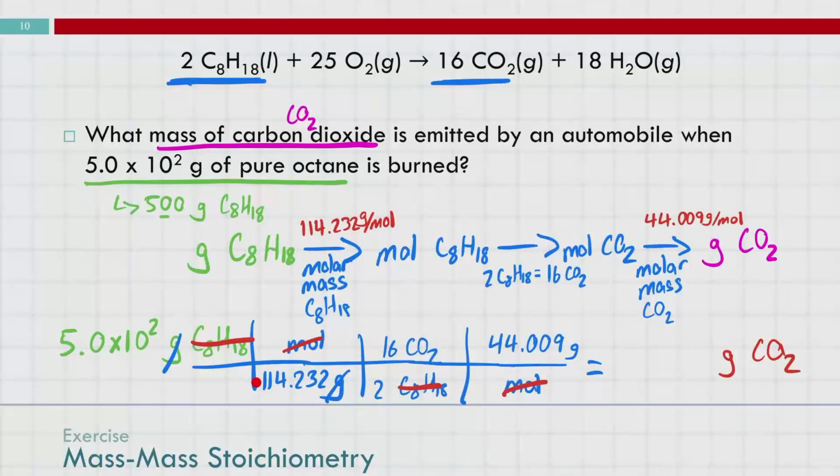So divide by 114 and also divide by 2. And the number that the calculator gives us would round to 1.5 times 10 to the 3 grams of CO2.